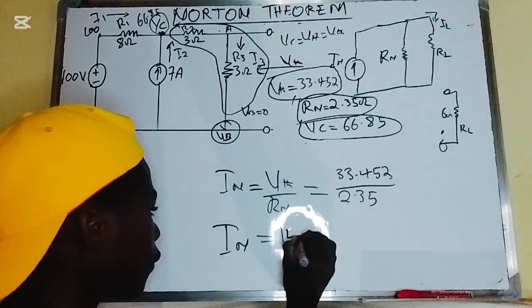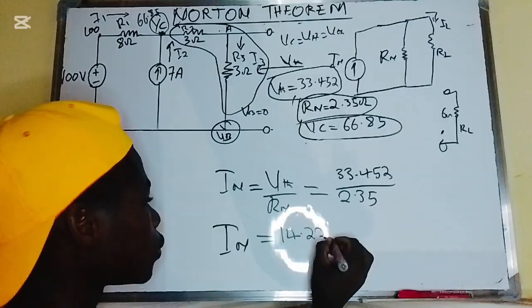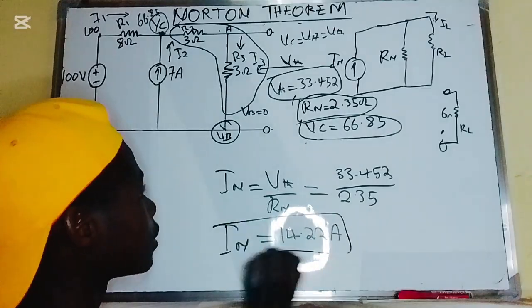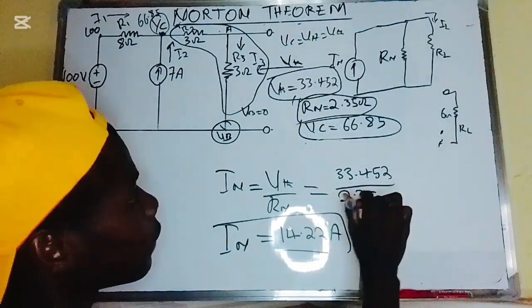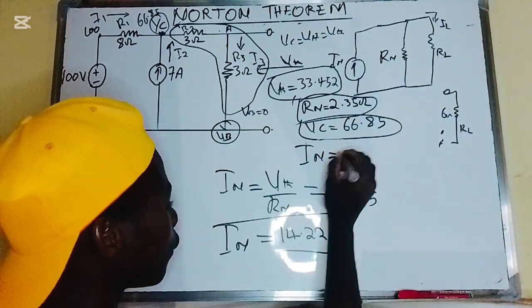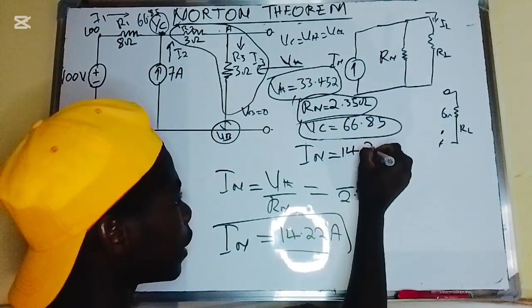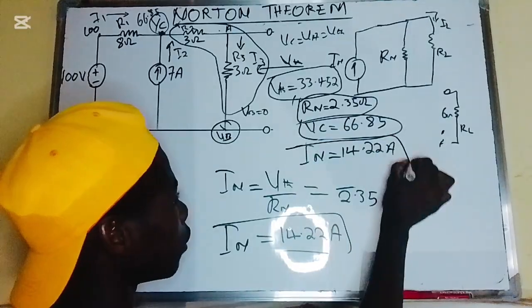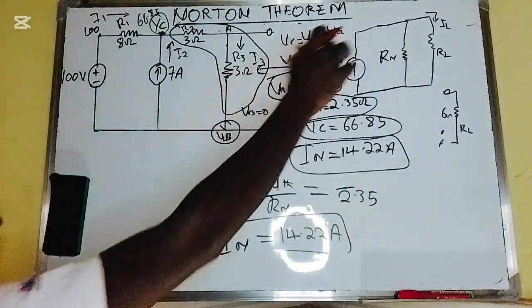This should now be equal to 14.22 amps of current. I don't have to delete this. So the next thing is that the Norton's current should now be equal to 14.22 amps.